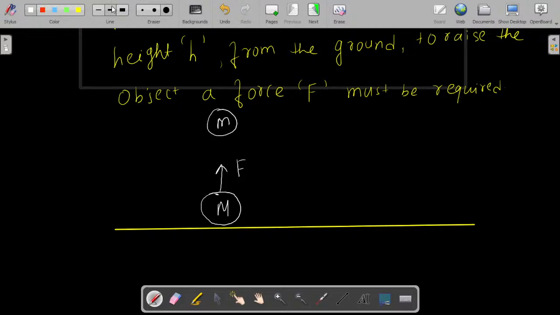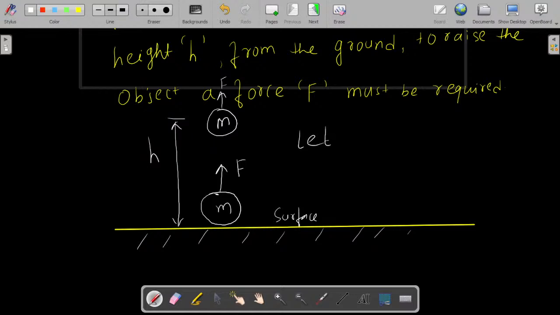It's a small m, not capital M. How much height does it rise? Up to height h. This is the surface and this is the object. We are applying force.